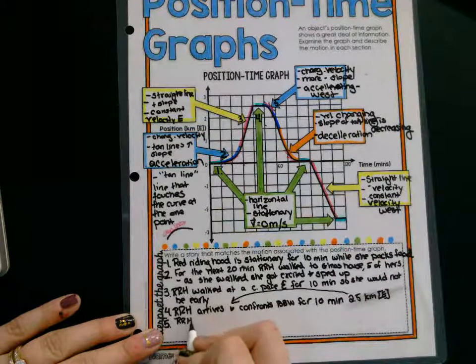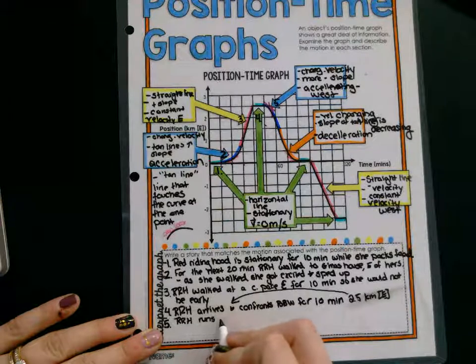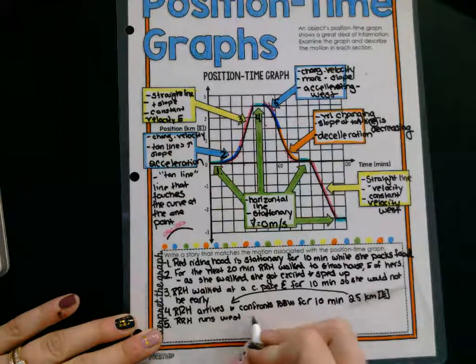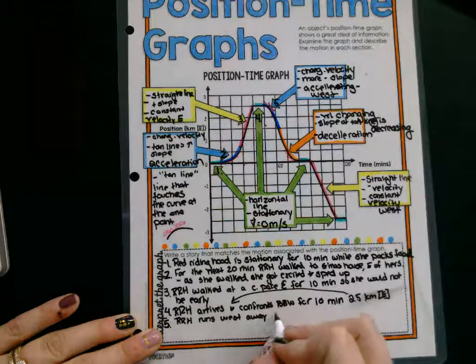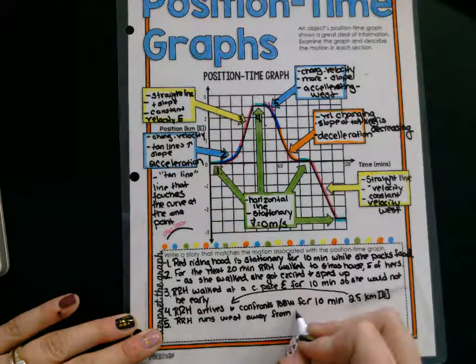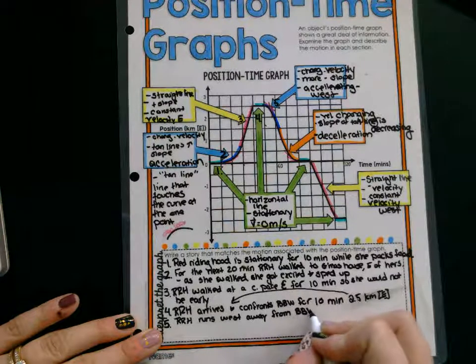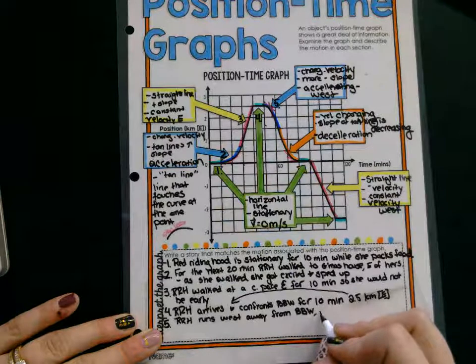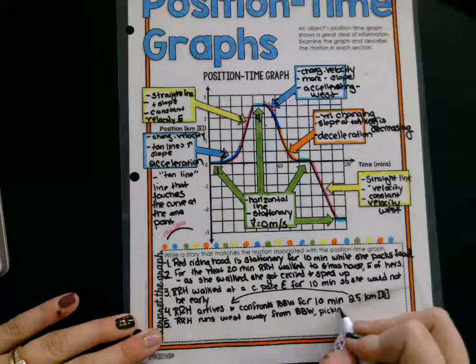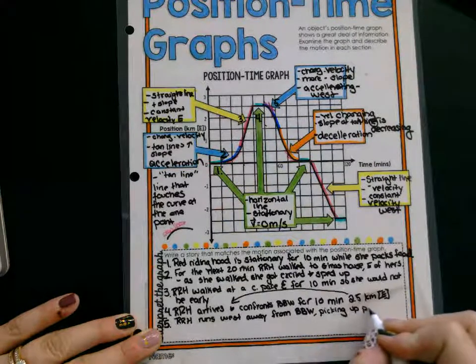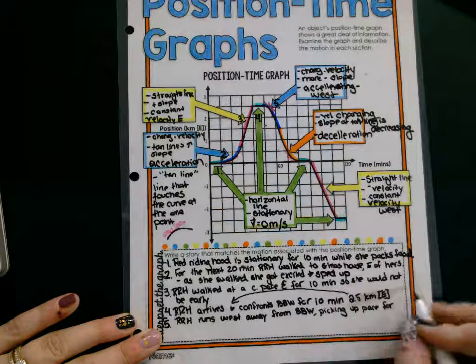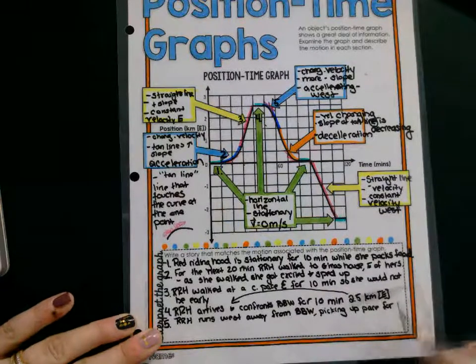Red Riding Hood runs west away from Big Bad Wolf, picking up pace for 15 minutes.